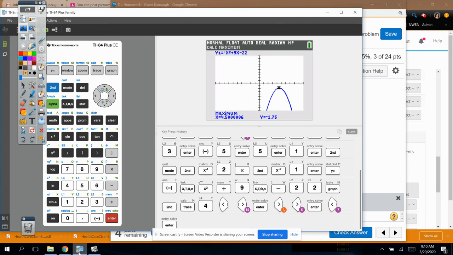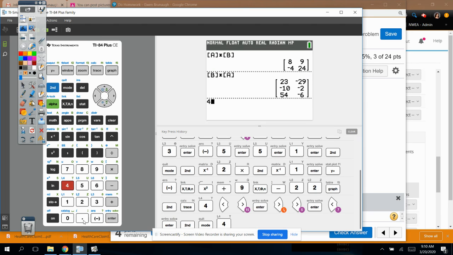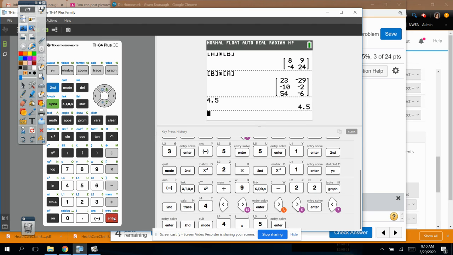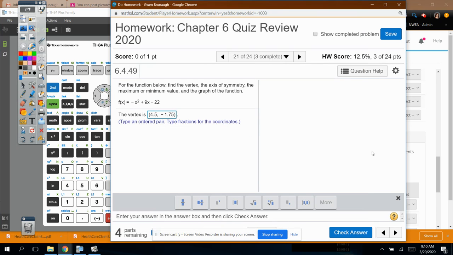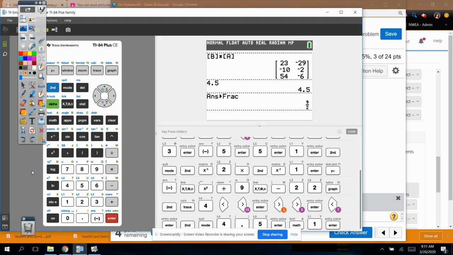4.5. You can hit enter, math 1. 9/2. Negative, what was it?